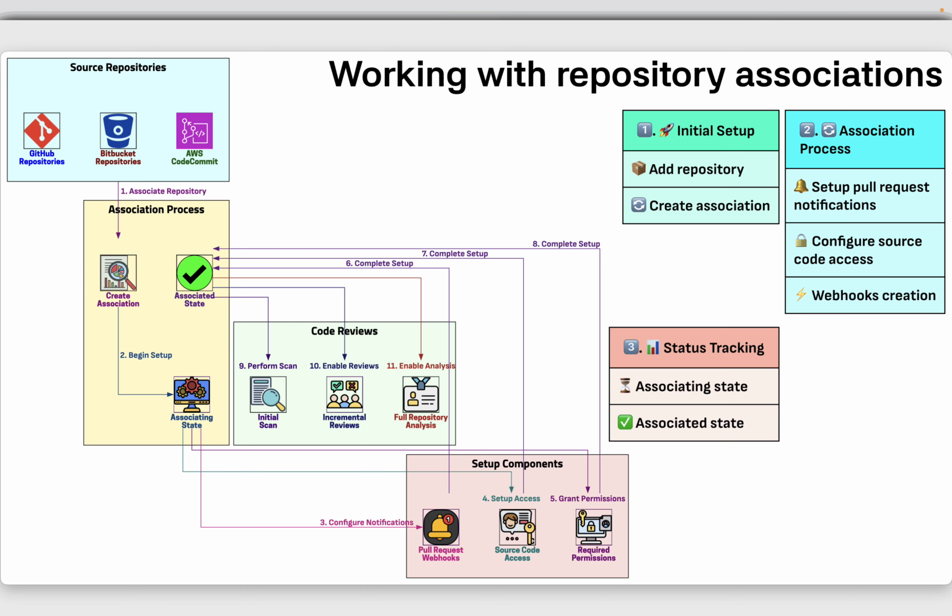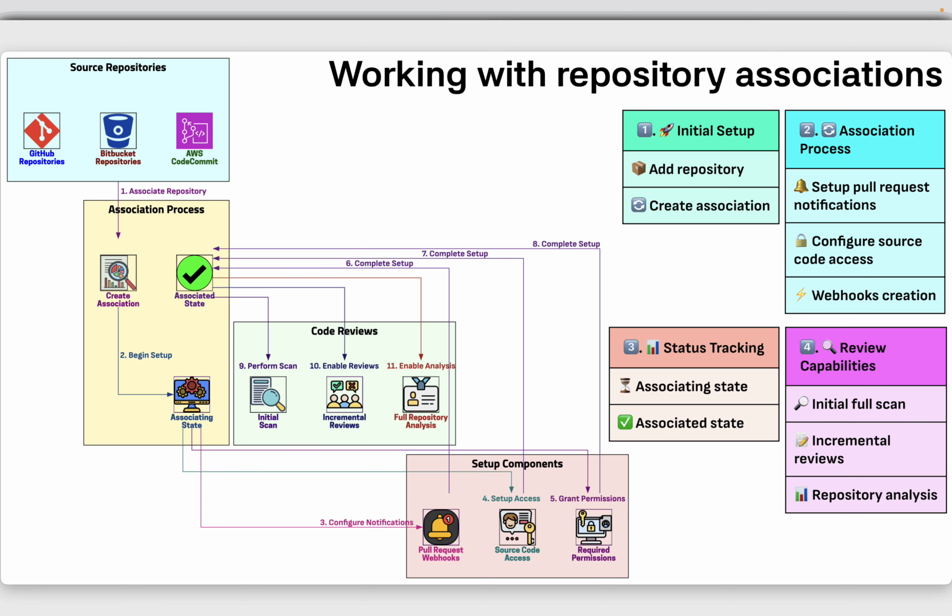During association, the status is associating while notifications and access are being set up, and it changes to associated once the process is complete. After successful association, CodeGuru Reviewer performs an initial full scan of the repository. This enables you to conduct incremental and full repository analysis code reviews in future. So first a full scan, and later on it will just do an incremental.